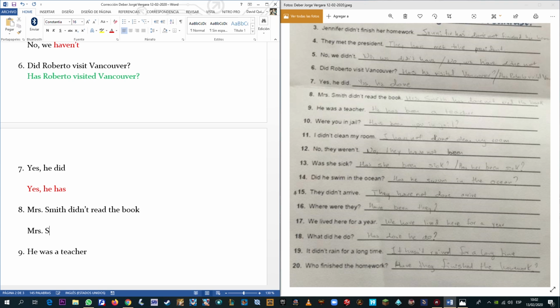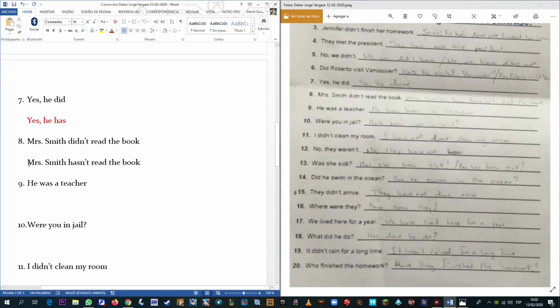Mrs. Smith, I'm sorry, hasn't or has not read the book. And that's it. We have it corrected. So the problem is just here. We have to write the verb in past participle right after the auxiliary verb, and that's it.